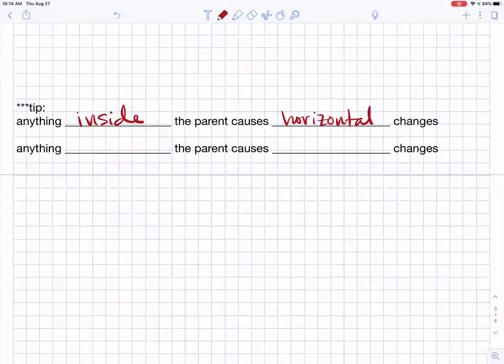Because this is going to carry over to my next section. All right, so anything on the inside of the parent is going to cause horizontal changes. Anything on the outside of the parent is going to cause vertical changes.